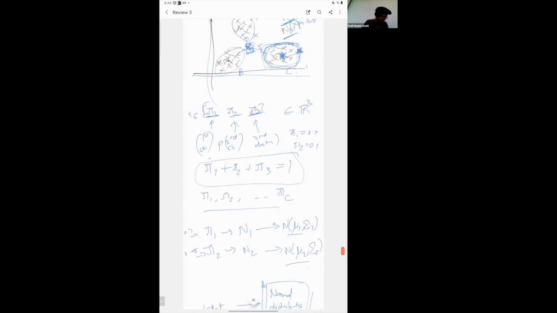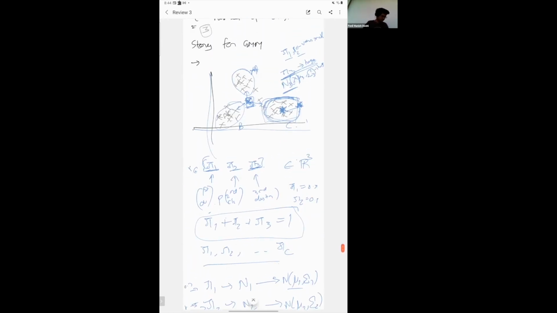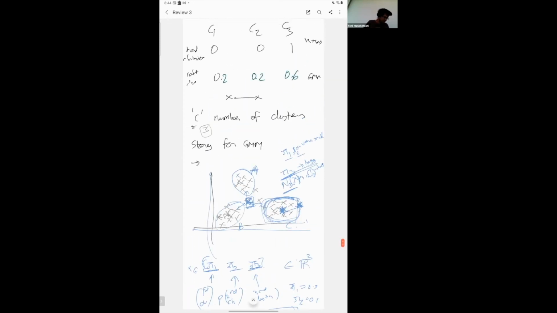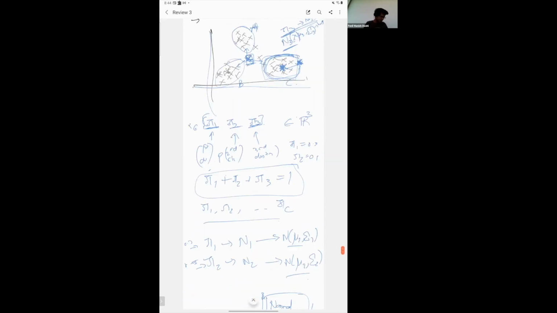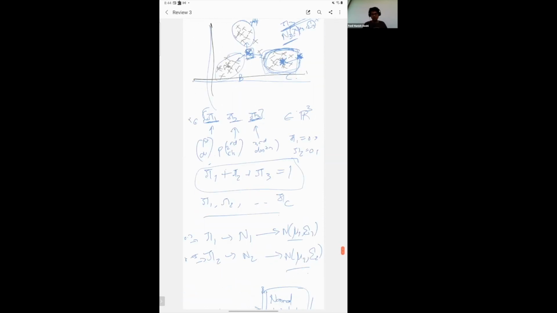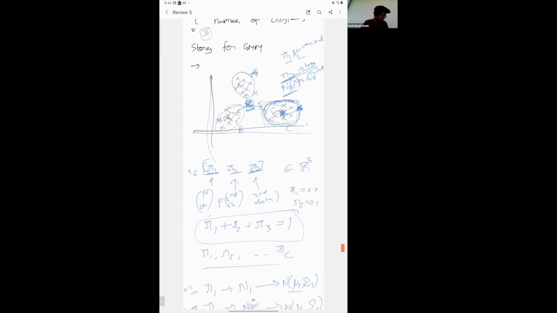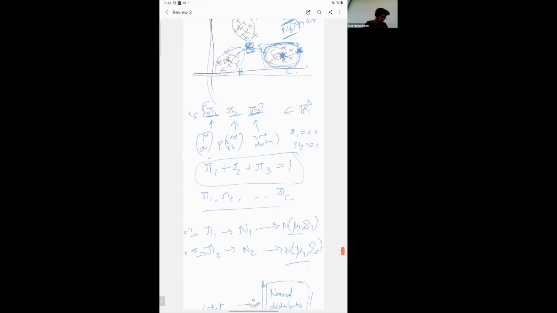Then we started off with the GMM, Gaussian mixture models, where our aim is to determine from which Gaussians the data that we see comes from. It's a soft clustering method where each data point has a probability of belonging to cluster A, cluster B, or cluster C when we are doing a Gaussian mixture model for three Gaussians.